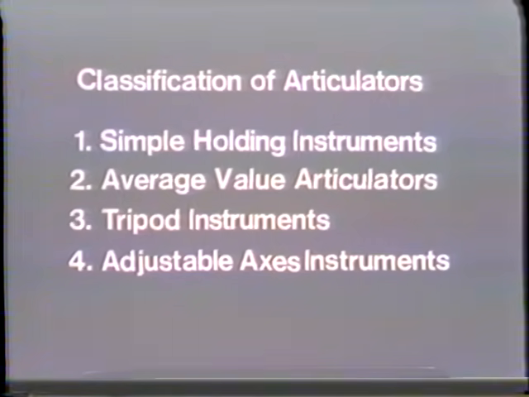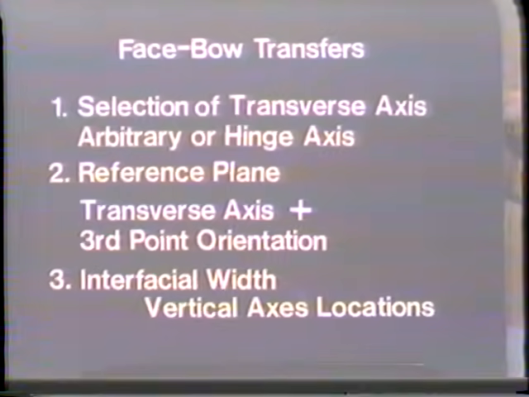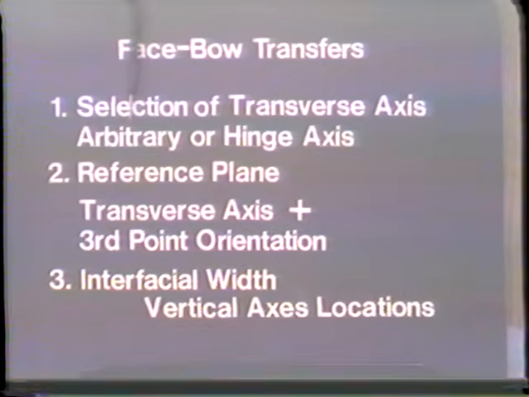All right, the first thing we need to do, however, is to think about how we get maxillomandibular records onto the articulator anyway. The first axis to consider is the transverse, or the horizontal axis as it is also called. Now, we might select this axis arbitrarily by facial measurements, or we may use a hinge bow, which then would make it a hinge axis for transfer.